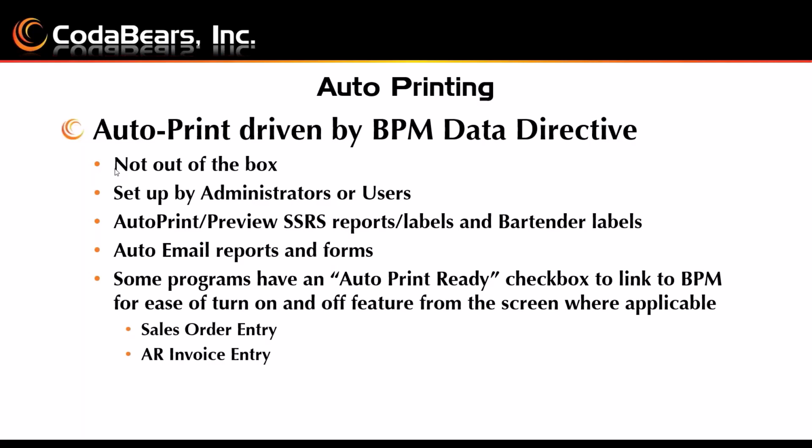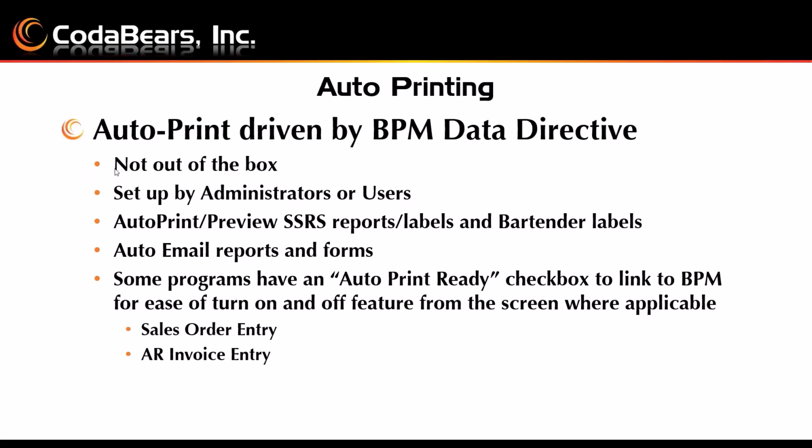An auto print allows you to preview SSRS reports, labels, and BarTender labels too, to what Karen talked about earlier. Also, you can auto email reports and forms from within Epicor.